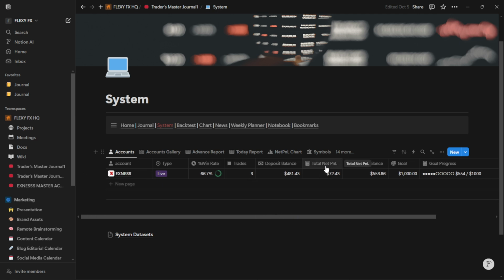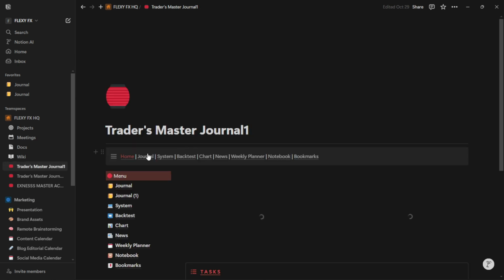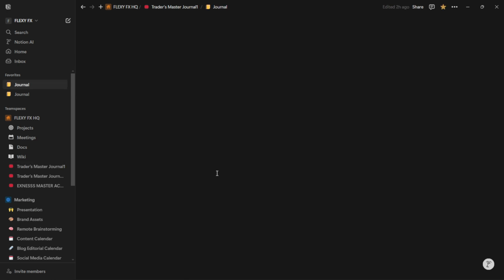This is my total profit and loss, and overall I'm in profit, and it also calculates my win rate. I made a video, go to my videos and search Notion, and you'll watch how to get this for yourself. I also have a screenshot of every trade I've taken, for the 3 trades.